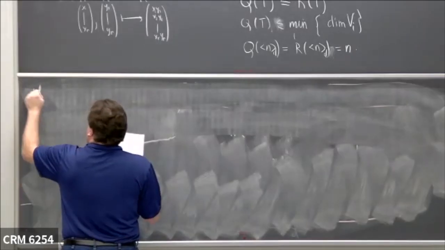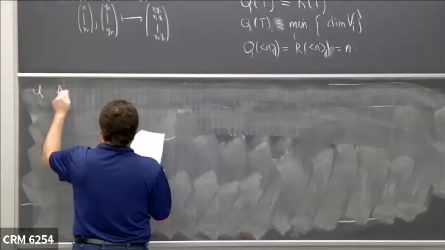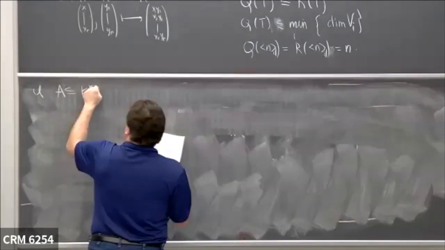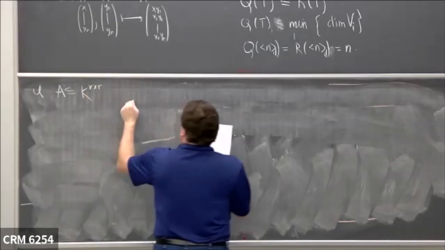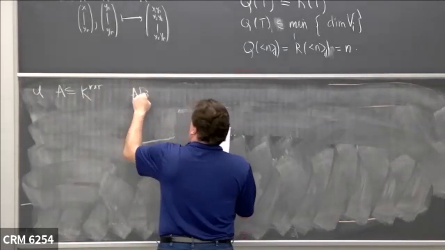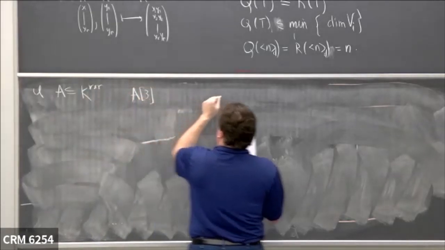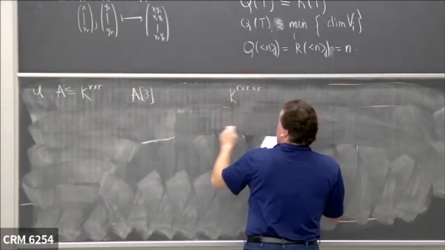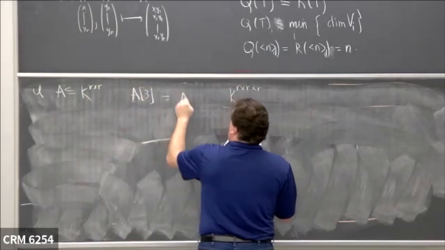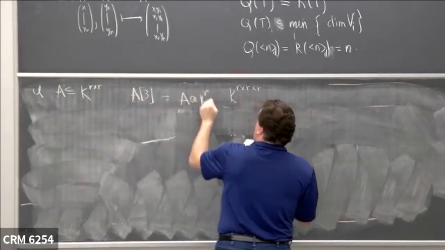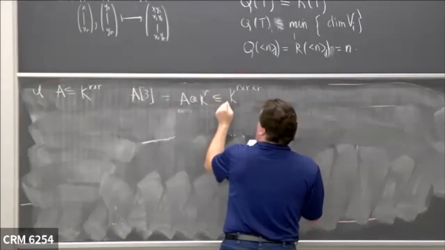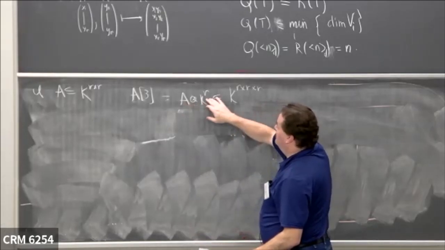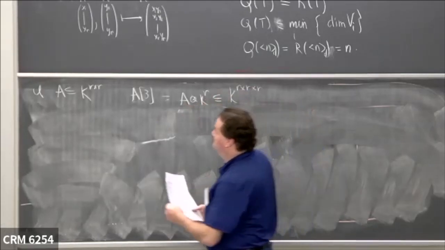If A is a subspace of, say, R by R matrices, then I'm going to write A bracket 3 as a subspace of R by R by R tensors. I'm just going to take A tensor KR, so I tensor with any factor here and take the span of that.